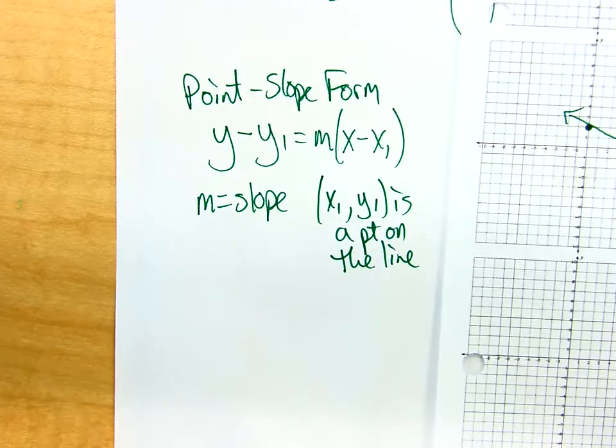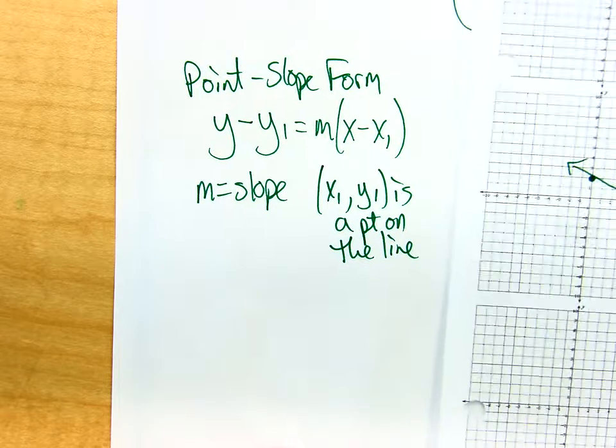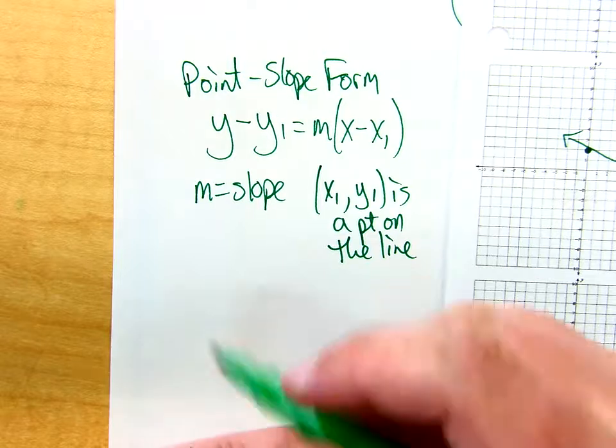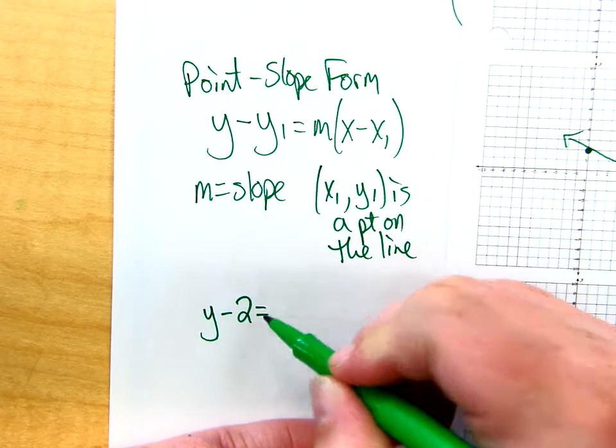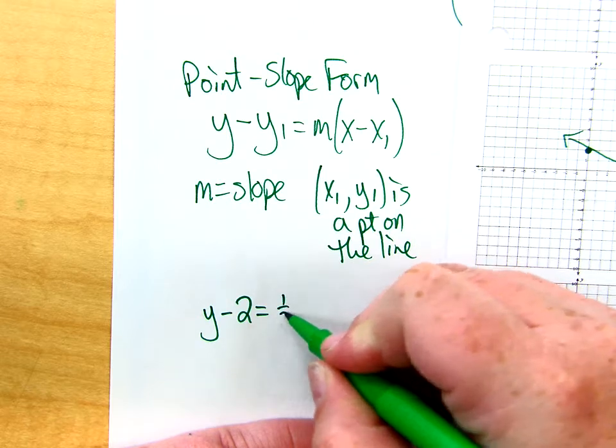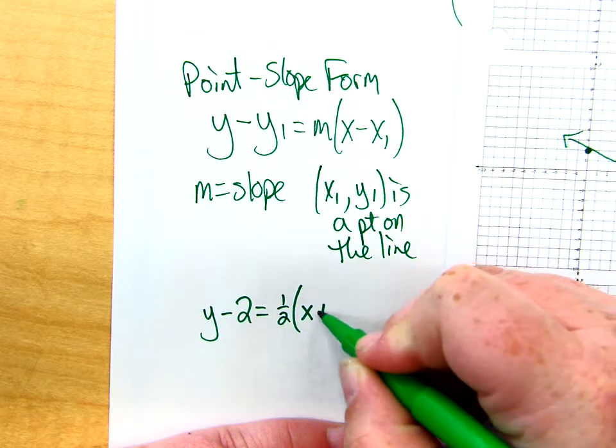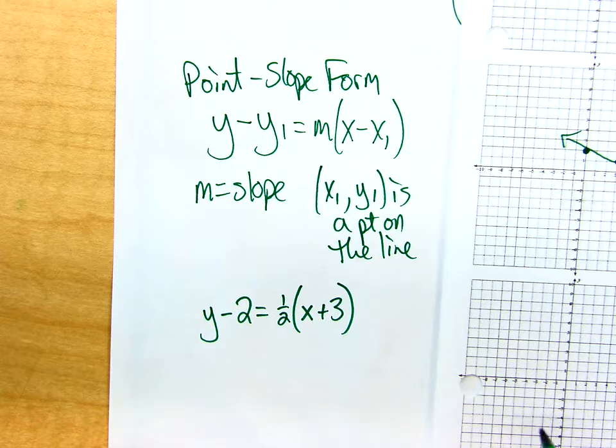So let's see if we can zoom out a little bit. So let me give you an example of a point slope equation. Let's do y minus 2 equals 1/2 times x plus 3. So you have one option. You could rewrite this into y equals mx plus b and then graph it that way, but that's so much work.